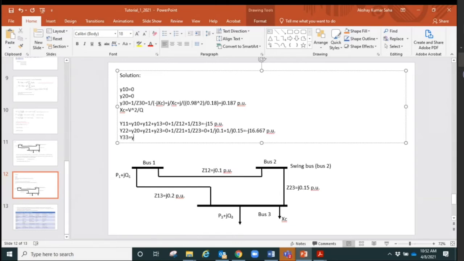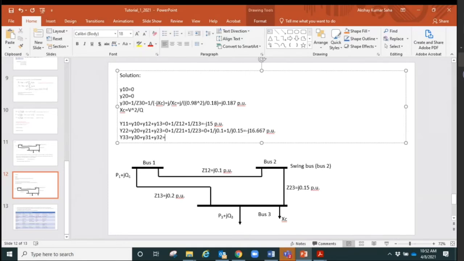So y30 plus y31 plus y32. For this we have the y30 value that we have calculated.